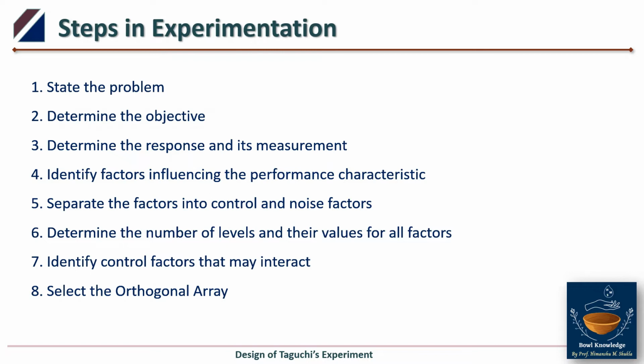Now, what are the steps in experimentation, or basically the Taguchi experimentation? Number one is state the problem, then determine the objective, determine the response and its measurement, then identify factors influencing the performance characteristic, then separate the factors into control and noise factor. This is very important. Step number 5 is, if I have 10 factors, how many of them can be controlled?